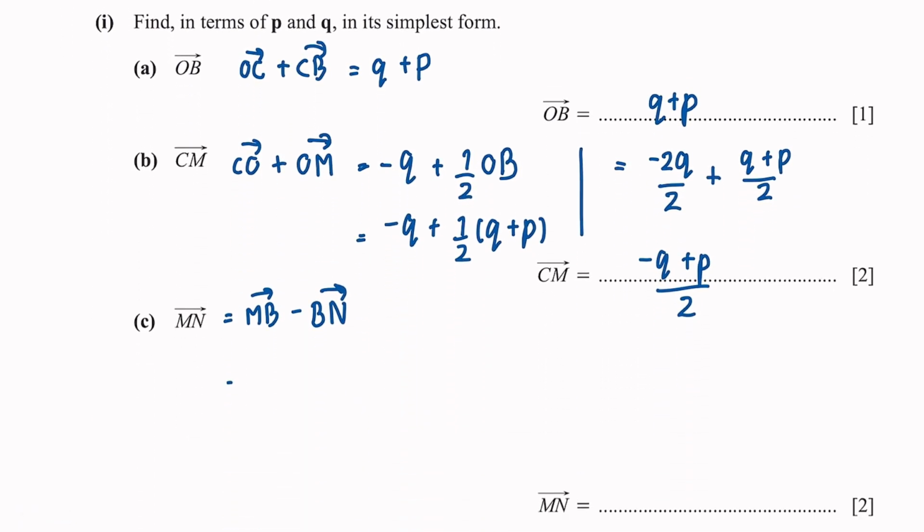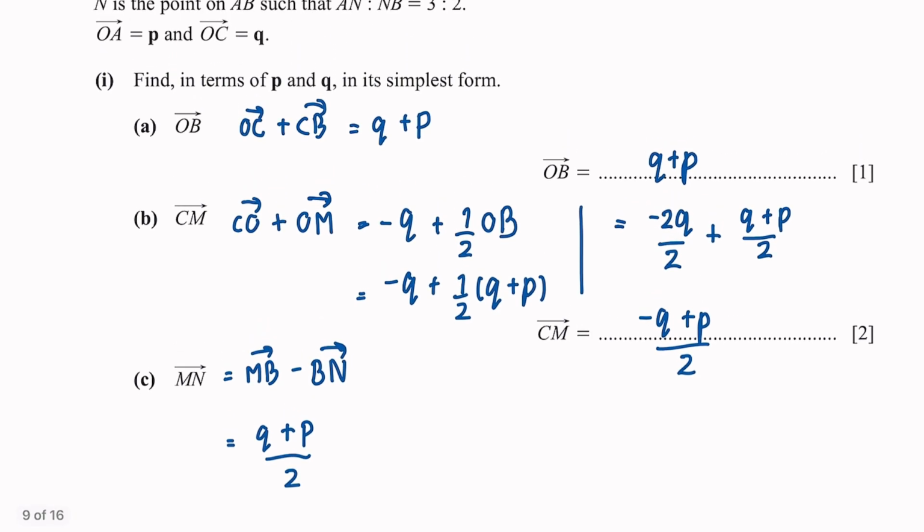MB is equal to Q plus P over 2 because M is the midpoint of OB, minus BN.